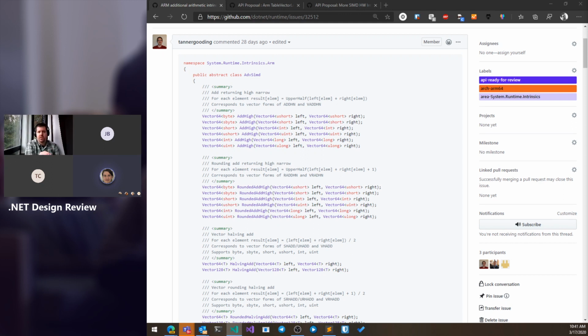Okay, yeah, so if we change the parameters here to take vector 128 as input, then I think putting lower in the method name may make sense. I probably made that mistake on a few of these APIs where they say vector 64 and they should be vector 128. Sure. Specifically for the two halves APIs.